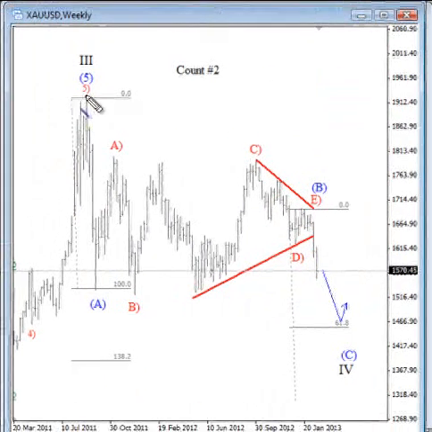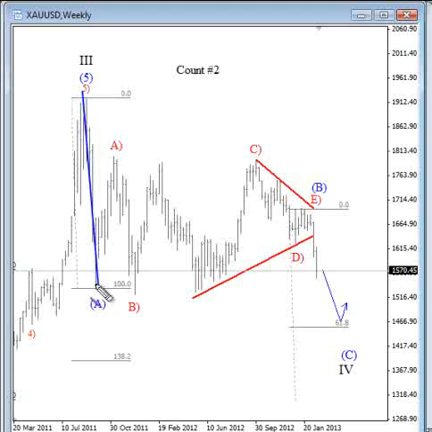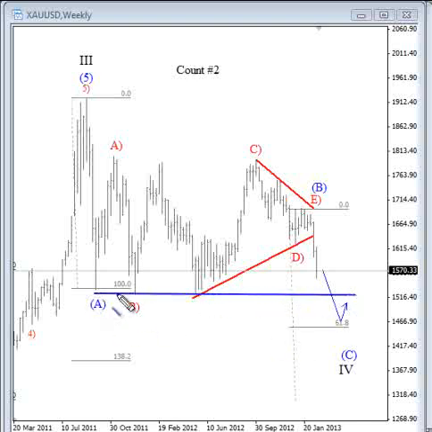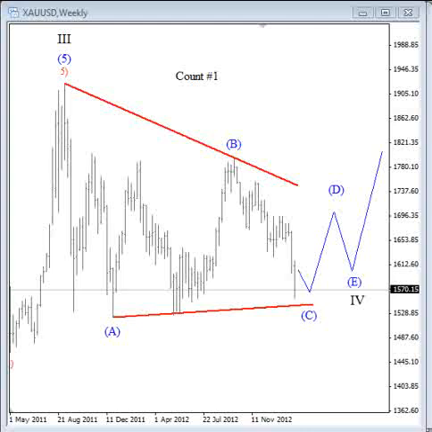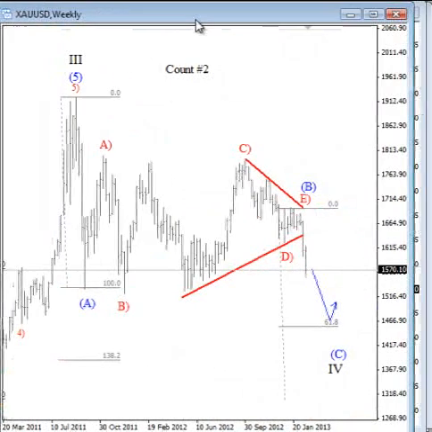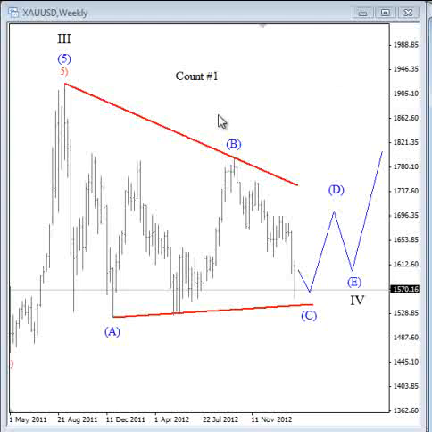It's a 3 wave decline from here, wave A, wave B, sideways price action in wave B, and now a break lower, which appears to be the start of an impulsive sequence in wave C. So this wave count is also valid, and I would not be surprised to see a spike break of these lows before we see a reversal higher. So both wave counts are valid. However, I really see 50-50 chances for this wave count and this wave count.